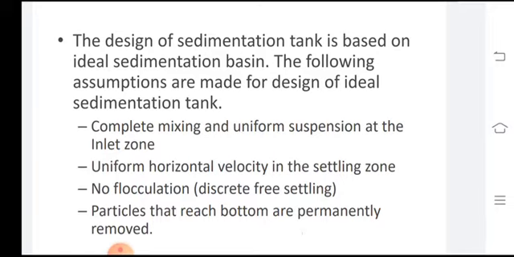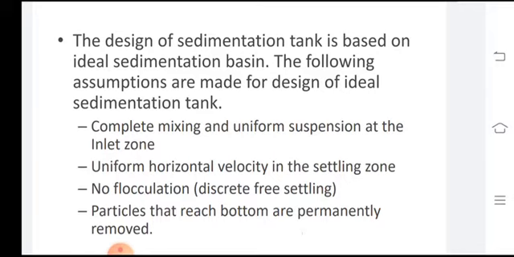What it represents is the settlement of the particles from the inlet point to the outlet point, and between these two points we can observe the settlement of the particles taking place under the settling velocity.